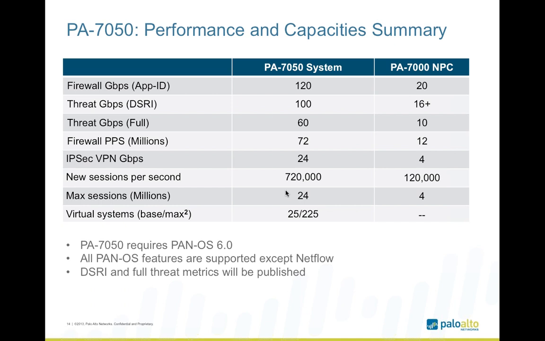And as a summary, just to give you a rough idea about where we can scale with this infrastructure: as you know, from day one, we as Palo Alto never announced any layer 4 number because we don't believe in layer 4 security. We always announce our numbers based on layer 7. One NPC card will be able to provide you 20 gigs of layer 7 traffic. And then DSRI is a technology that you will mainly use for your secure data centers.